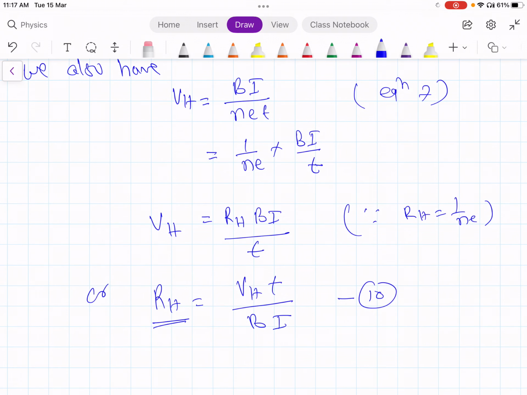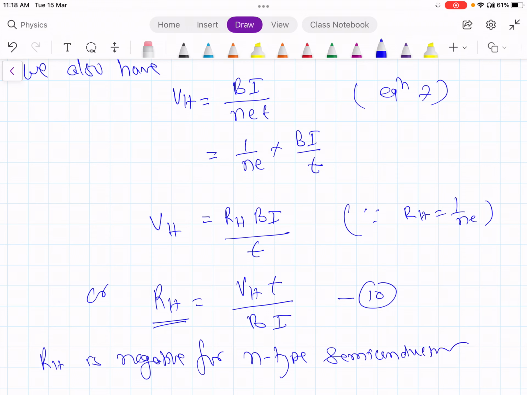And the value of RH is negative for N type semiconductor. RH is negative for N type semiconductor, and obviously it is positive for P type semiconductor.